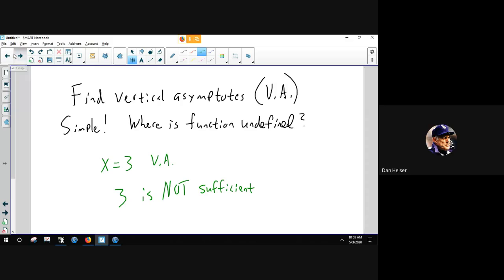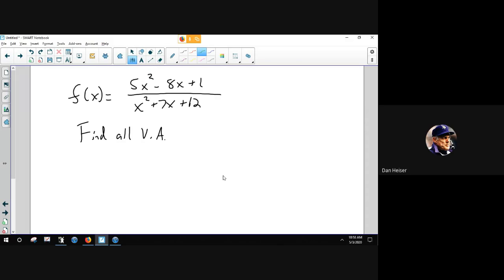A couple of examples. Here's a function. Find all the vertical asymptotes. So, we don't care about the numerator. The numerator of a rational function should be defined everywhere. It's the denominator we have to deal with.